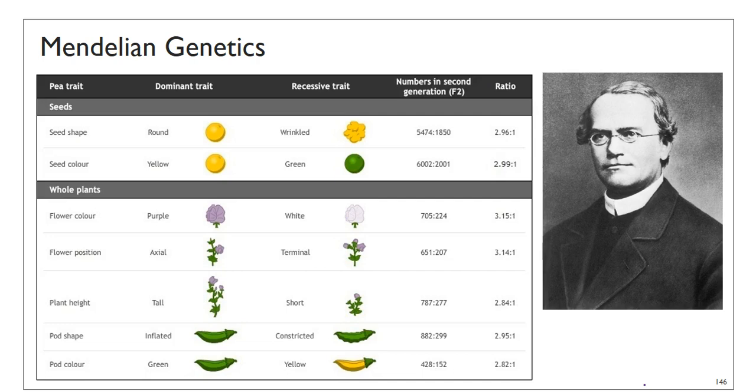The reason he used peas is because he could breed them really quickly, and then he did a lot of counting and kept really careful records of the ratios of, in the case of the example we did earlier, green versus yellow peas. And that's how the whole concept of dominant and recessive, and the fact that you inherit a trait from each parent, all of that came about because of these experiments done by Mendel.